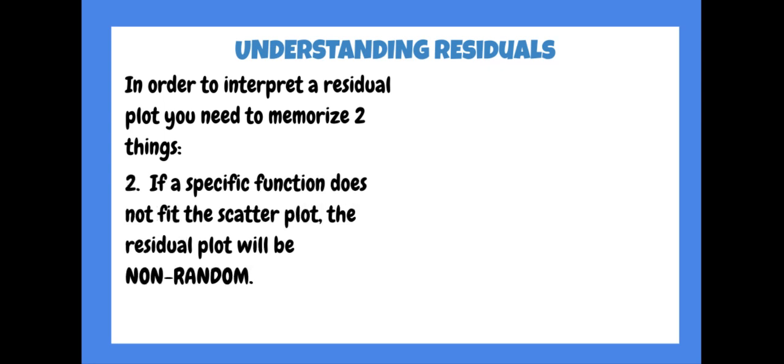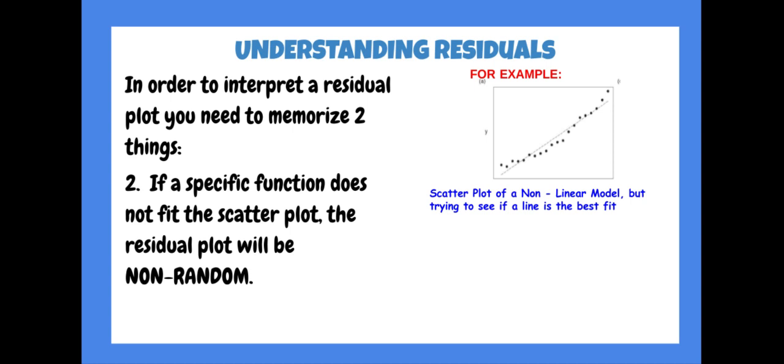Now, the second thing you're going to recognize is that if a specific function doesn't fit the scatter plot, then the residual plot will not be random. For example, you'll notice that this scatter plot kind of goes in a curved manner. Granted, it's very minute, but you'll see it almost goes in a curve, almost like an exponential function, okay? But they're using a line to best fit the data.